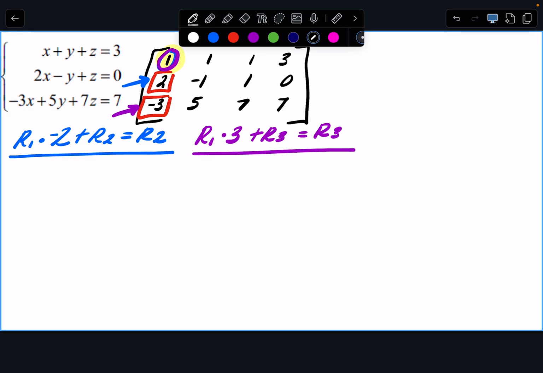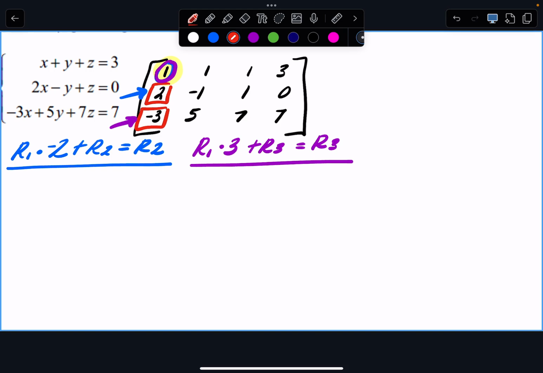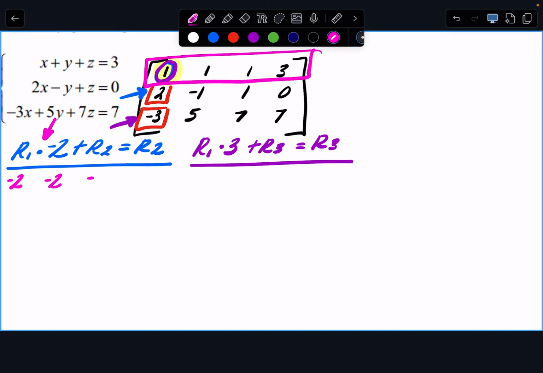Okay, everyone, right here is where I am looking, and I am timesing row 1 by -2. So let's write down what that will be: -2, -2, -2, -6. Does everyone see how we're just answering what it says right here? We're taking row 1 and timesing by -2.